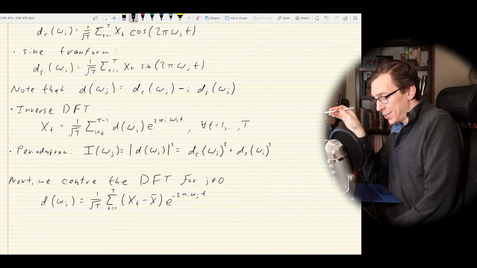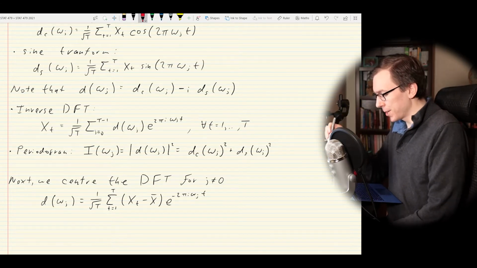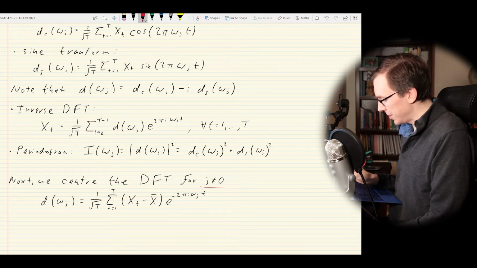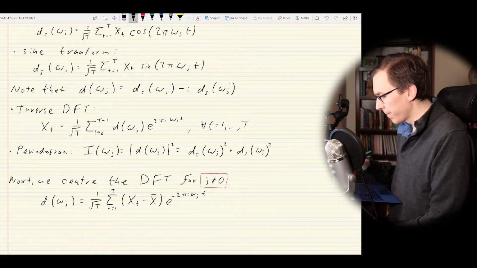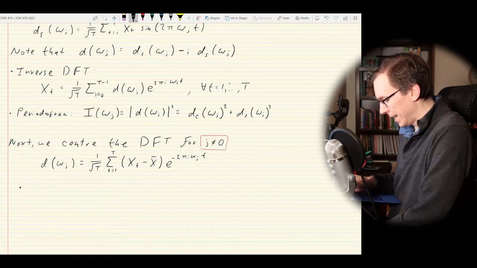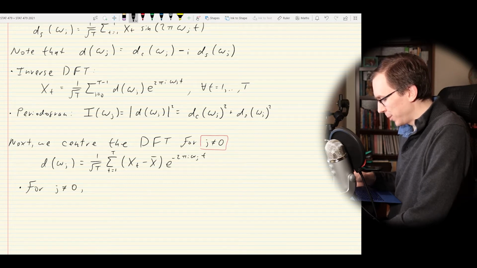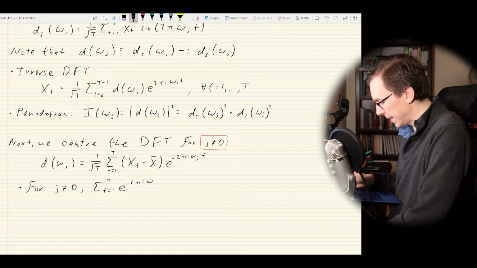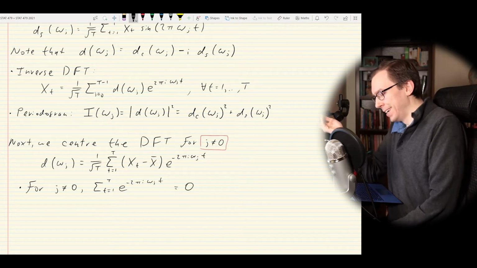Now, this works, and you're probably wondering, why did I specify that j can't be 0? Well, for j not equal to 0, the sum of all these complex exponentials, e to the minus 2 pi i omega j t, just so happens to be 0.